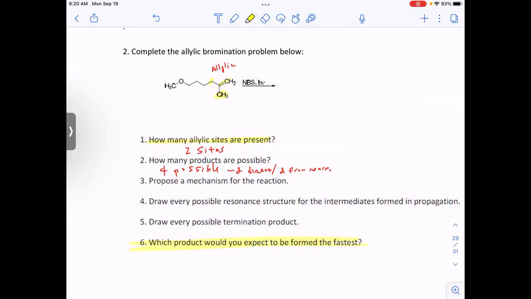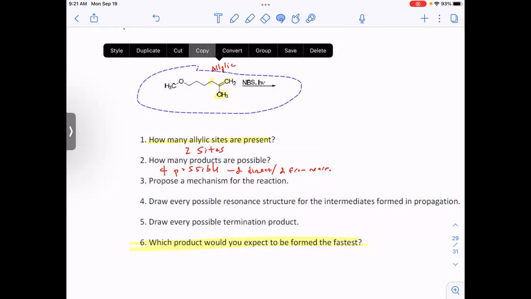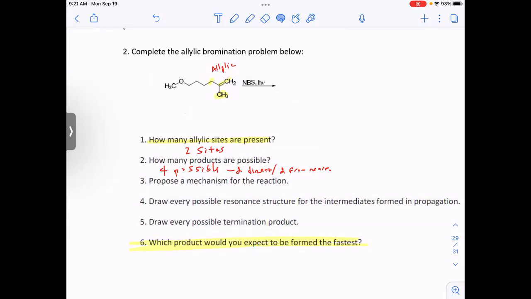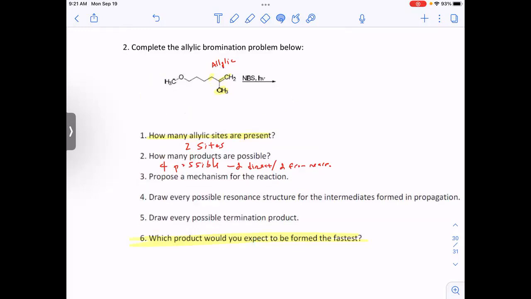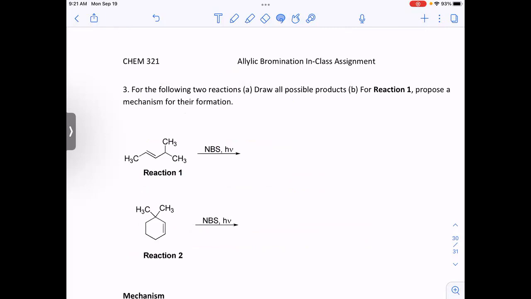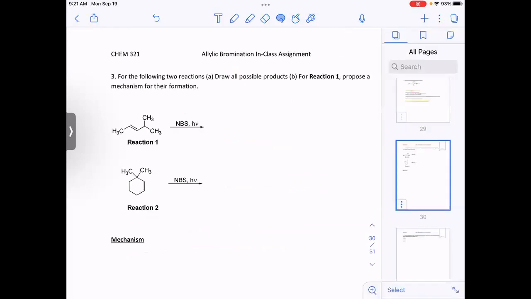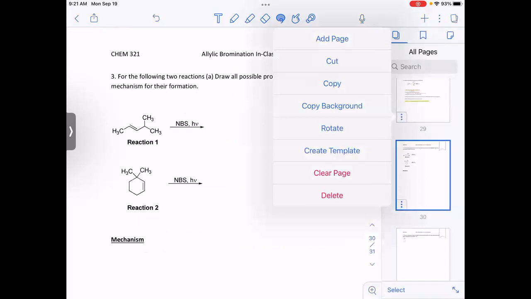It's a very generic answer. Allylic bromination always happens faster when the radical is less substituted, so less crowded. When we go through the mechanism, we're going to see which product that'll be.